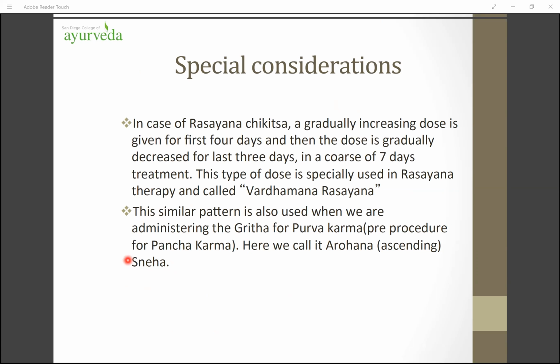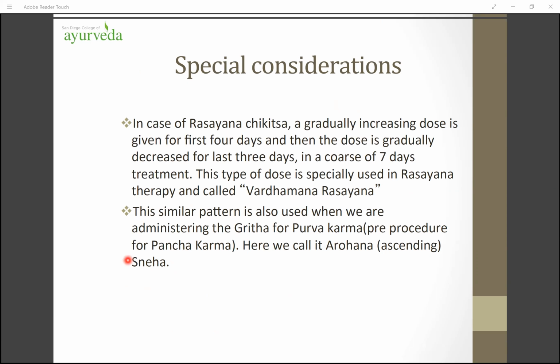What it does to your body is it slowly helps to build your dhatu, like the first day, the second day, the third day. Once you reach the peak dosage of the medicine, from the next day onwards you slowly reduce the dose. This is called Vardhamana Rasayana. There are different kinds of Rasayanas, but the most common of them is Pipali Vardhamana Rasayana. So this is a very specific way of prescribing that particular medicine.